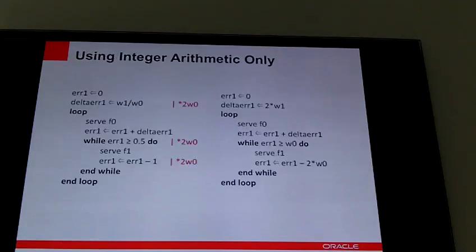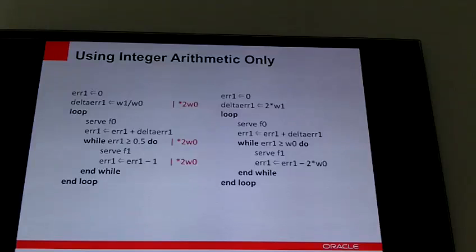Now, I mentioned that Bresenham can be rewritten so that it only uses integer arithmetic. The way this is done, we just look at the fractions that are being used in the algorithm, and then multiply the expressions with their common denominator. In this case, we have the weight ratio, which has to be multiplied by the common denominator 2W0.